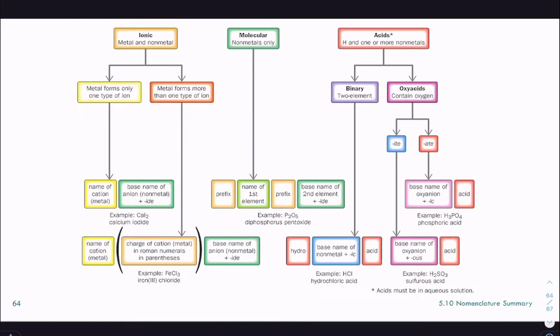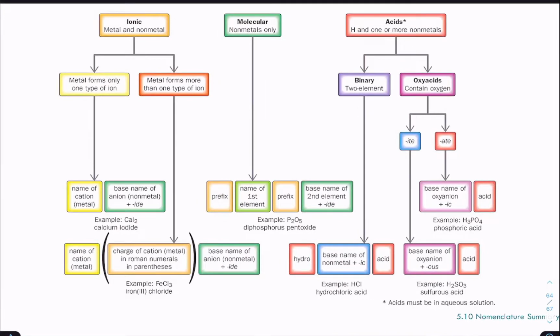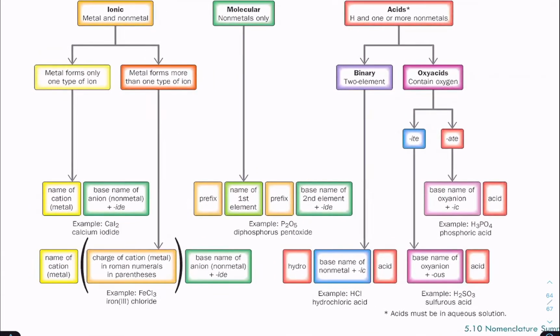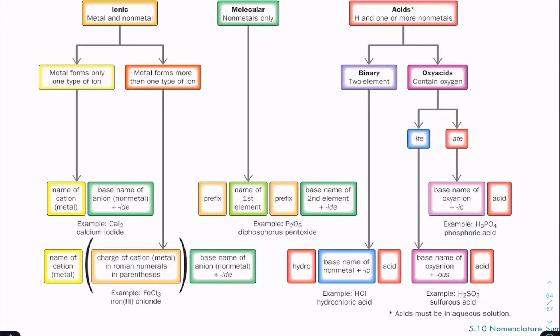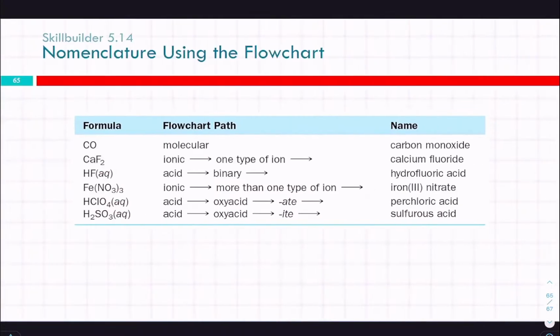So this is the awesome flowchart. First, identify what the broad group is. If you have a metal, then it's ionic. If you have nonmetals only, aside from starting with hydrogen, then it's molecular. And if you have hydrogen as the first element, it's an acid. There are some examples here on the next one.